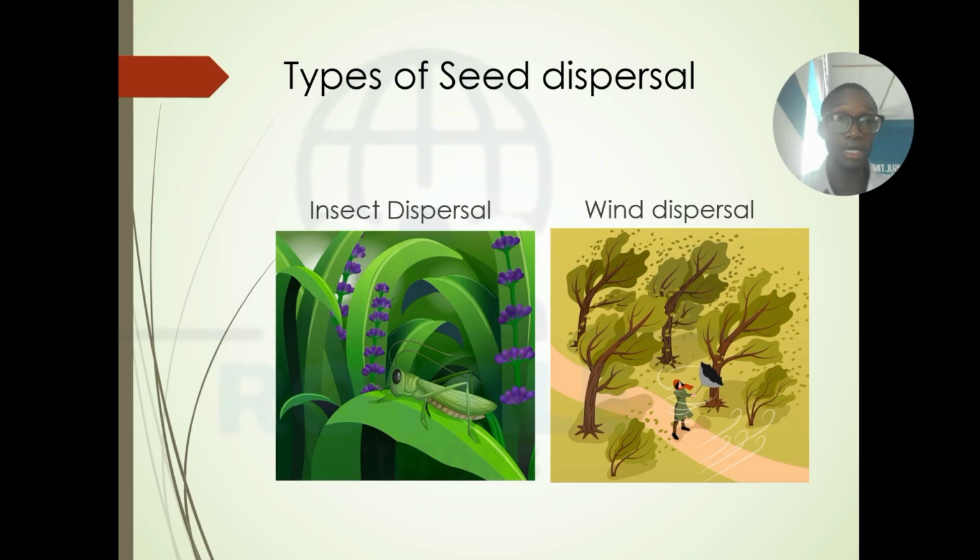It just blows the seed away into some other place where the seed now begins to grow on its own. So sometimes it's the insect. The insect comes, touches it, goes to another place entirely and drops the seed, and the seed begins to grow on its own, and it becomes another plant. So that way, one plant has birthed another plant.